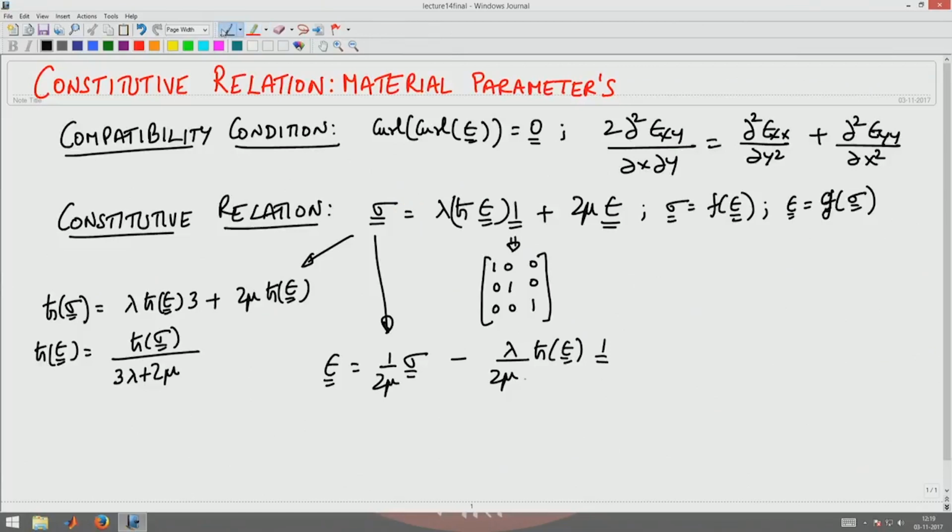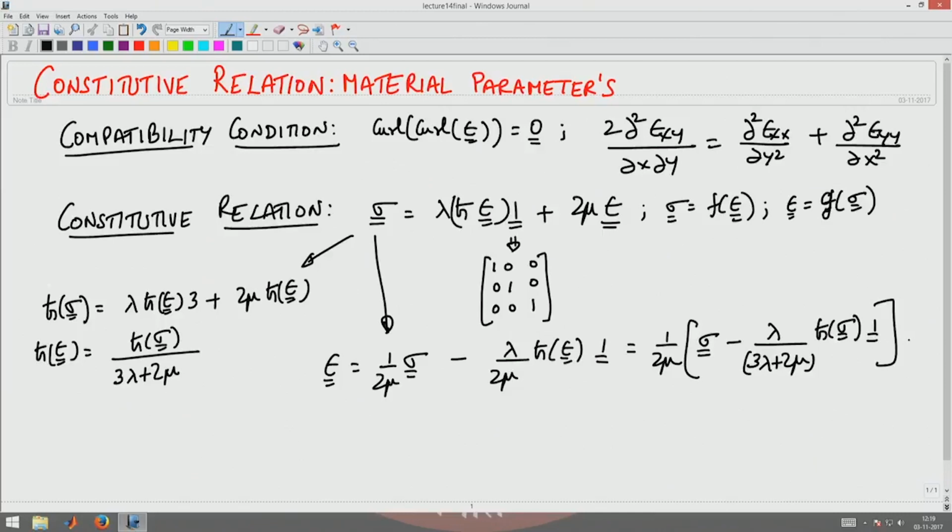Okay. So, I got this expression. Now, I substitute for trace of epsilon from this equation in here, to get the final expression for epsilon as 1 by 2 mu sigma minus lambda by 3 lambda plus 2 mu trace of sigma times identity matrix.